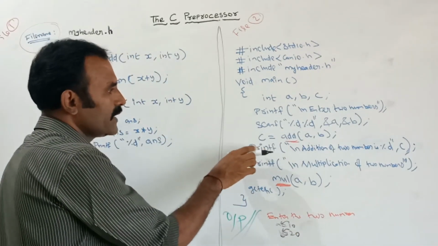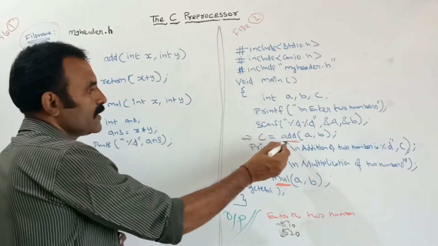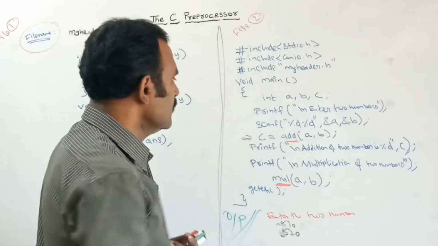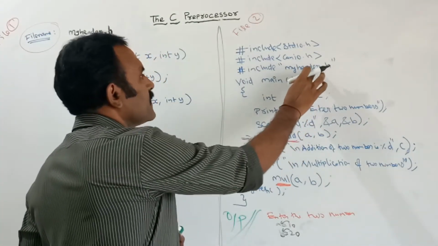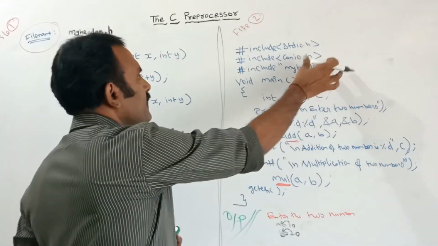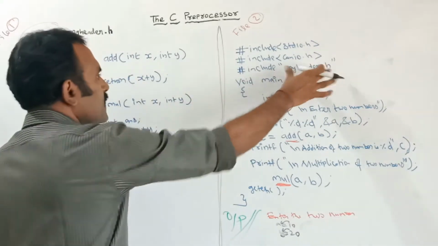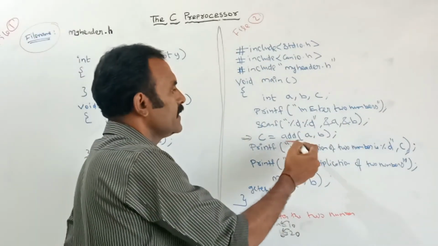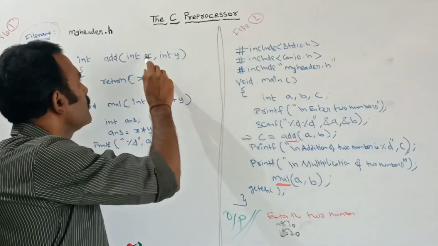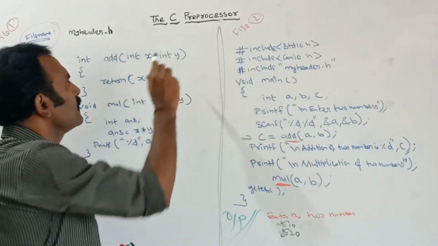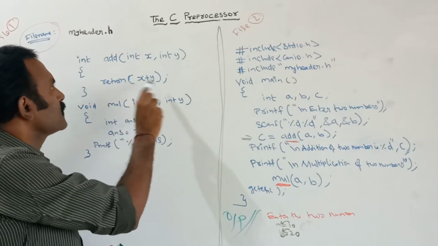After getting the input, the controller will come here: c is equal to add of a comma b. This add is inside the header file, and that code will be placed here. I am passing the values a and b to the add function, so the a value is copied to x and the b value is copied to y. Here I am telling it to return x plus y.